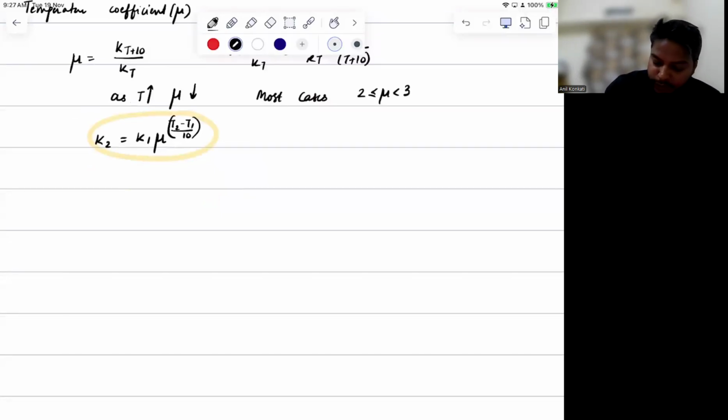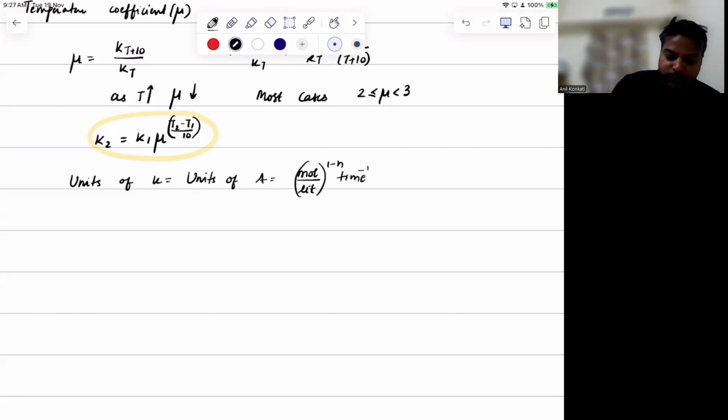Now, what are the units of K? Units of K will be the same as units of A, which is (mole per liter) raised to the power of 1 minus n, and time inverse. Got it?